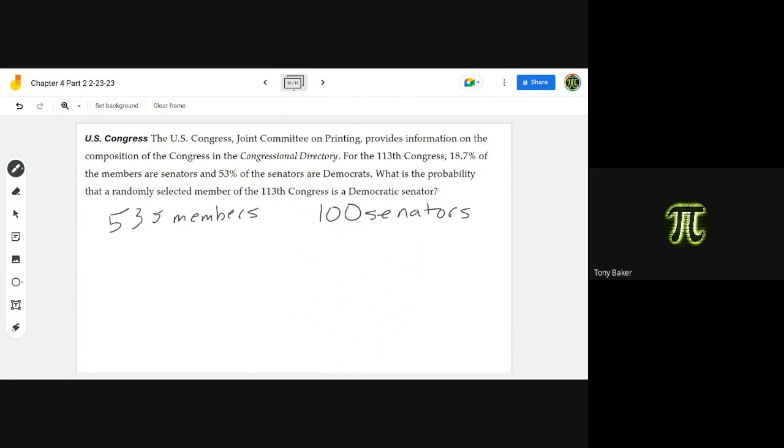California has, I think, 43 and 2, so I think they have 45. Wyoming has 1 representative and 2 senators, so they have 3 electoral votes, and they have about 705,000 people that live in the state.